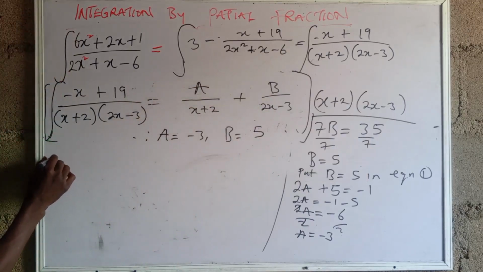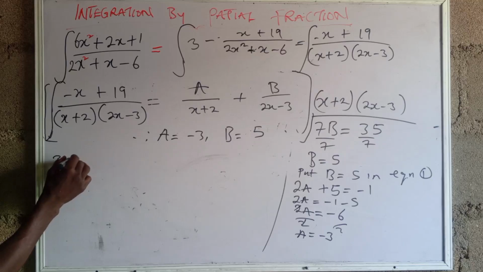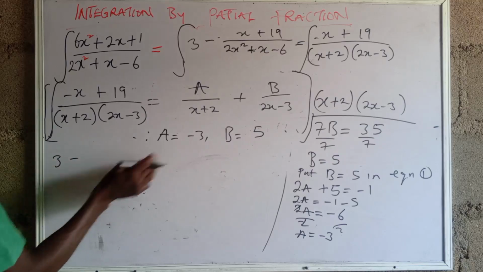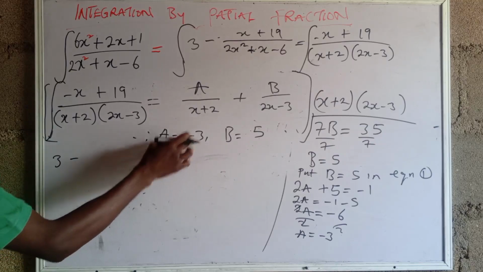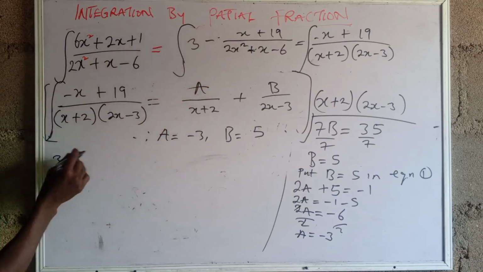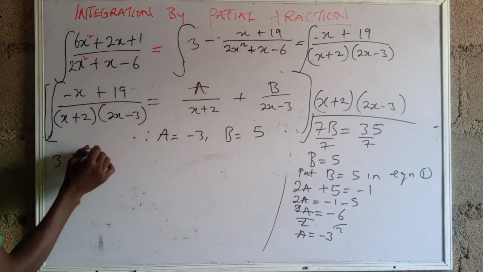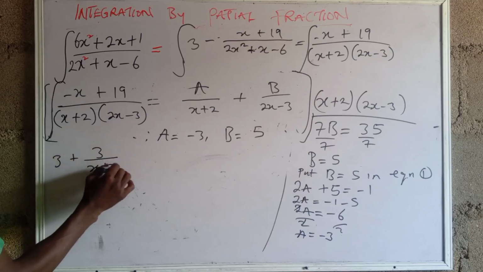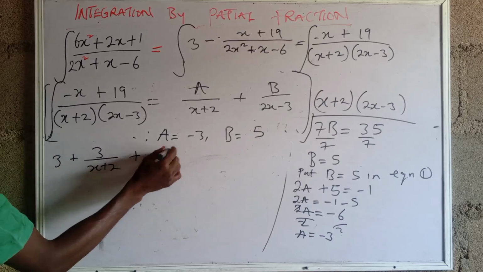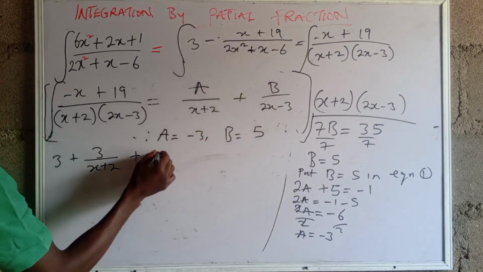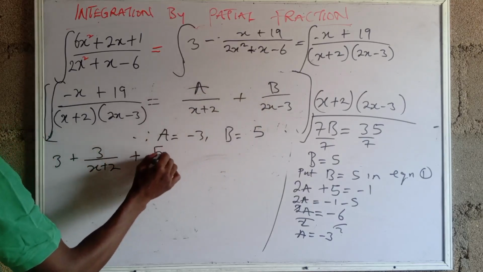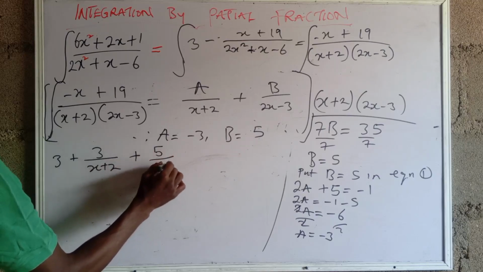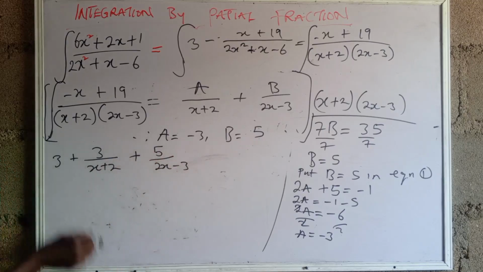Remember that we have 3, since the a is minus, here is having minus, we can multiply and get plus 3 over x plus 2. That is plus, the b is 5 here, we can put 5 all over 2x minus 3.